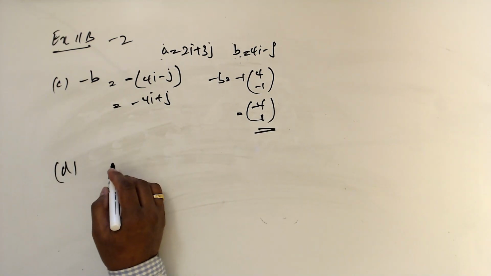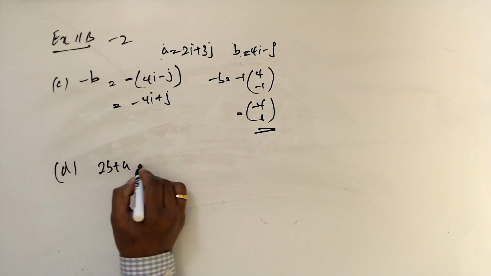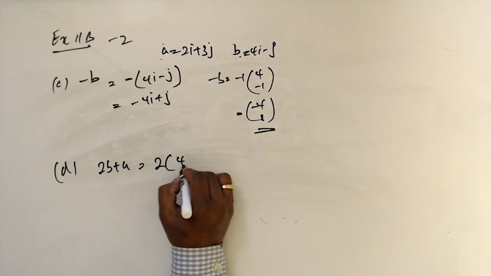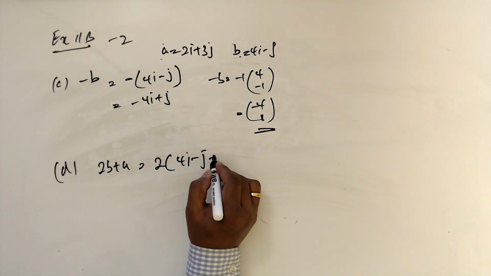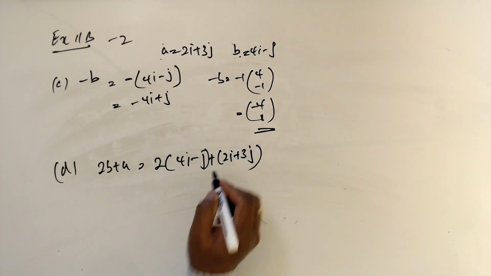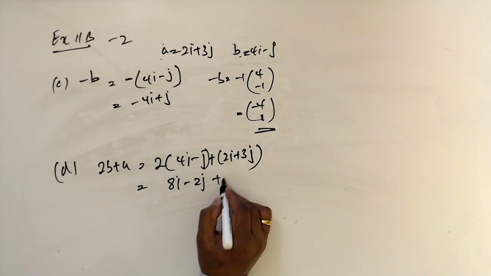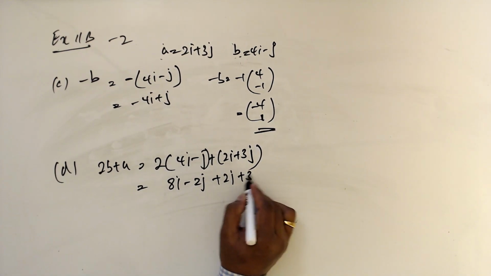D, 2b plus a. 2 times 4i minus j plus 2i plus 3j. So 8i minus 2j plus 2i plus 3j.